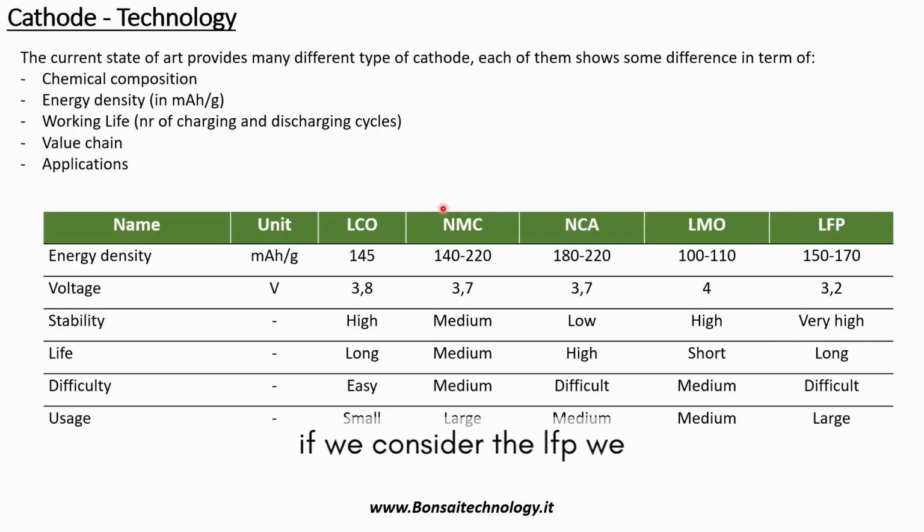If we consider the LFP, we are talking about 540. So we can say that it is 30 or 40% less on average.